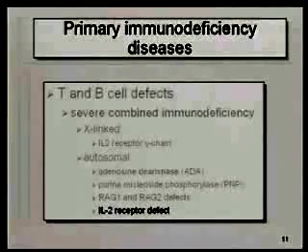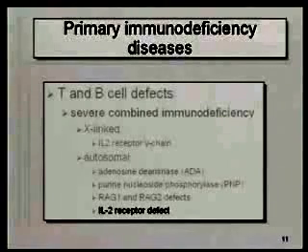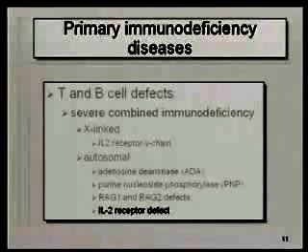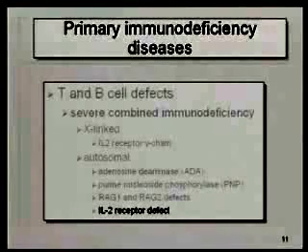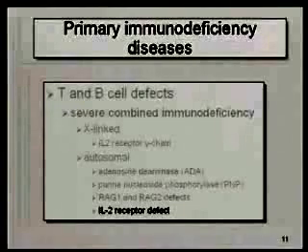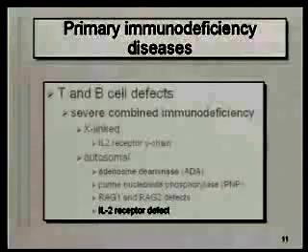You said that IL-2 receptor is a high affinity receptor, and without it there's a lack of... As a result of IL-2 receptor defect, there is not going to be any activation of lymphocytes.